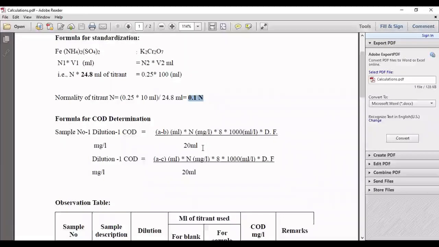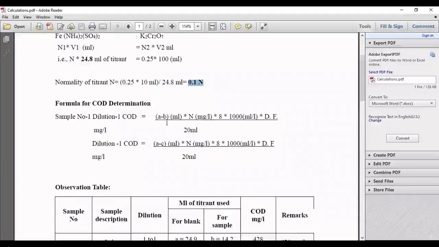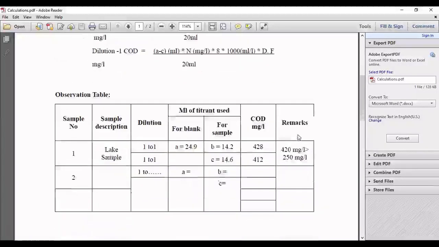For COD determination, we have the formula (A minus B) into N into 8 into dilution factor divided by 20 is equal to the COD in mg per liter. If the dilution factor is going to change, we'll have to vary this value. For the experimentation that we have done, the dilution factor is 1.